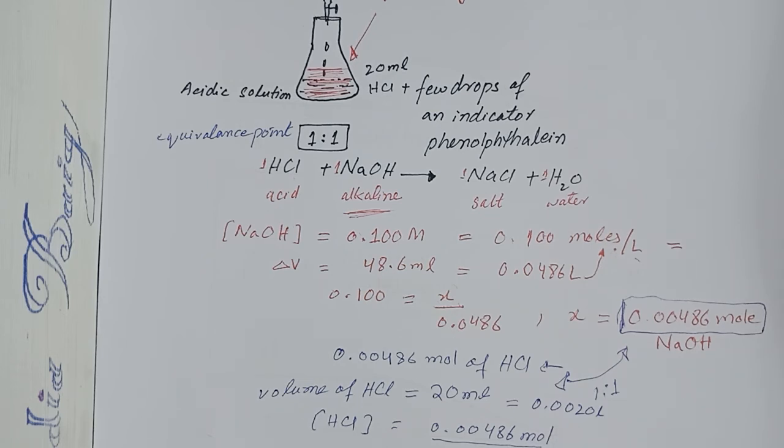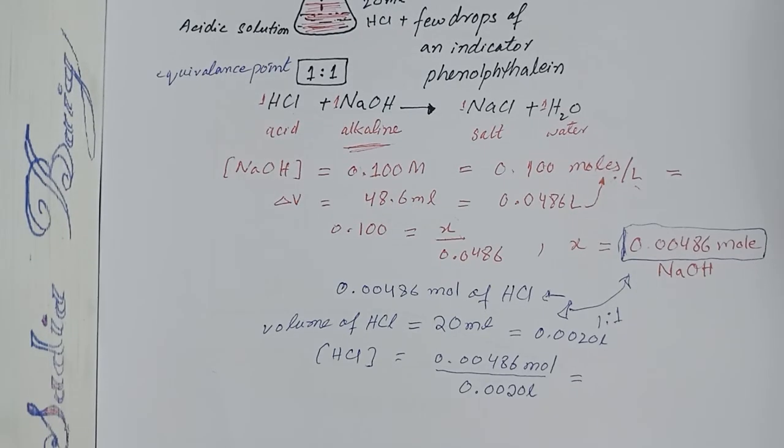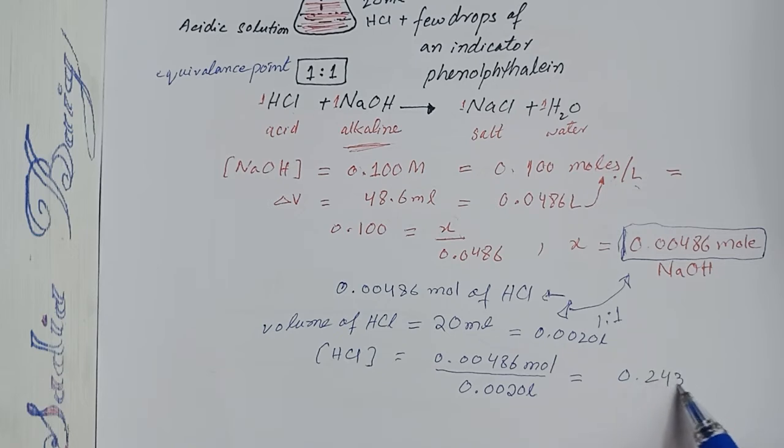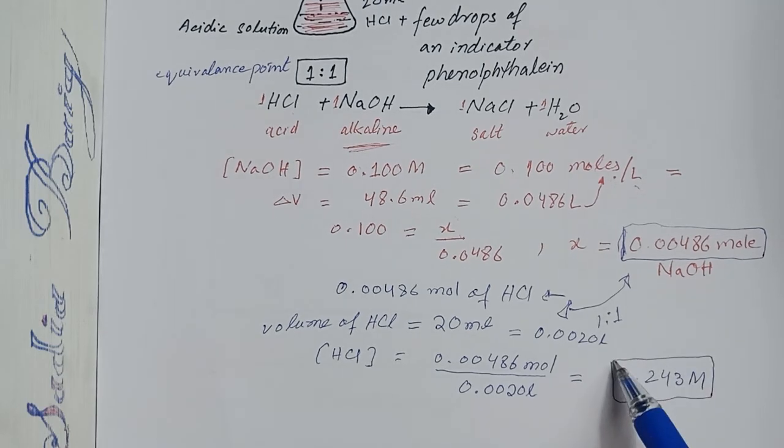So here we have to divide by the volume of the solution, and it must give the concentration of HCl. So we get 0.243 molar. So we have calculated the original concentration of HCl.